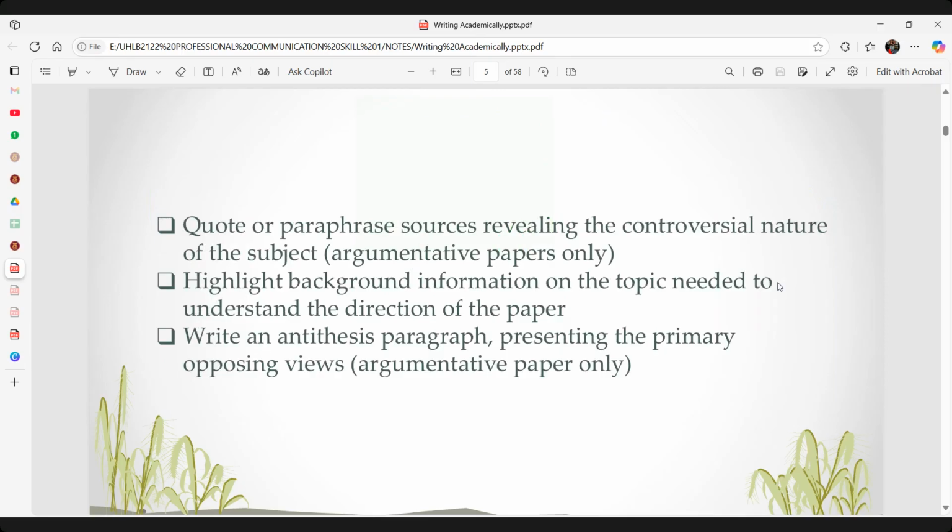Or you highlight background information on the topic needed to understand the direction of the paper. So this is giving more context, more story, more understanding to your reader that, okay, this paper is about this and this and this. A different way to write your introduction is to write an antithesis paragraph presenting the primary opposing views.